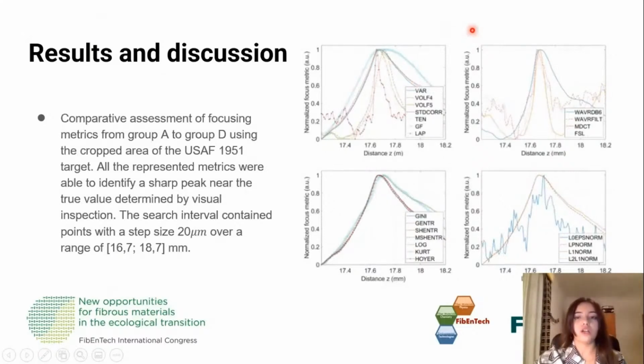The focusing curves obtained from microfiber samples show a smoother behavior except for the Gini index and the norm. This is likely due to less abrupt refractive index changes and consequent absence of speckle noise. The LAP and the FSL metrics yield the best accuracy value for all the tested samples.